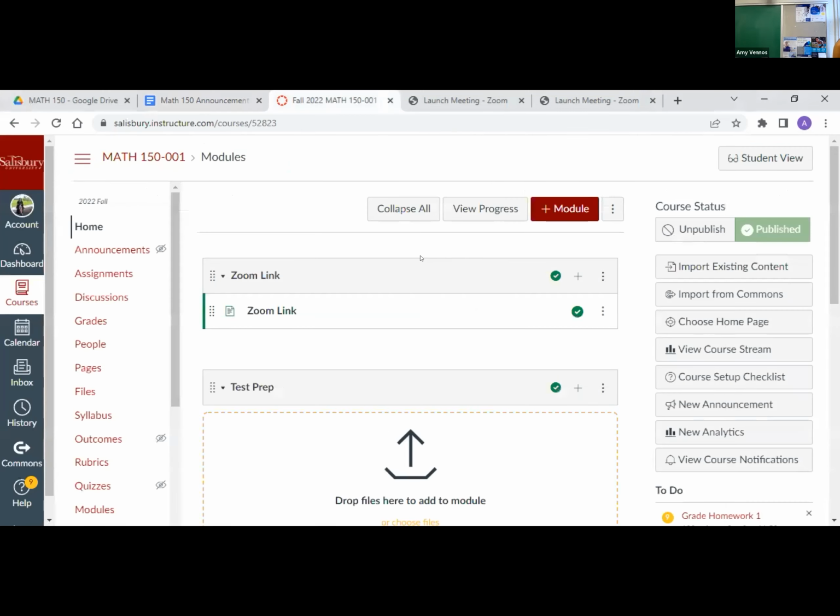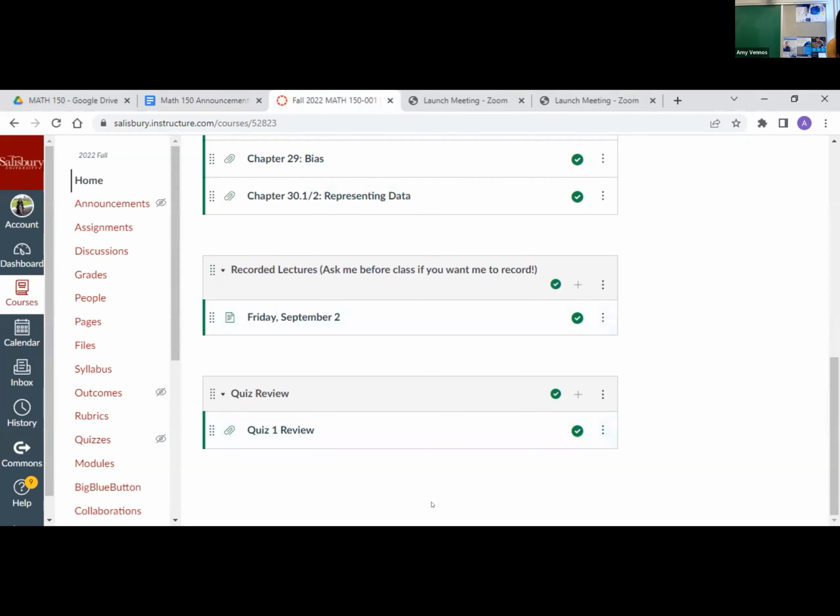If you're ever looking for it, it's under modules at the end, and I'll post the answers to this later today. But for now, I'll pass this out, since I'm posting the answers.